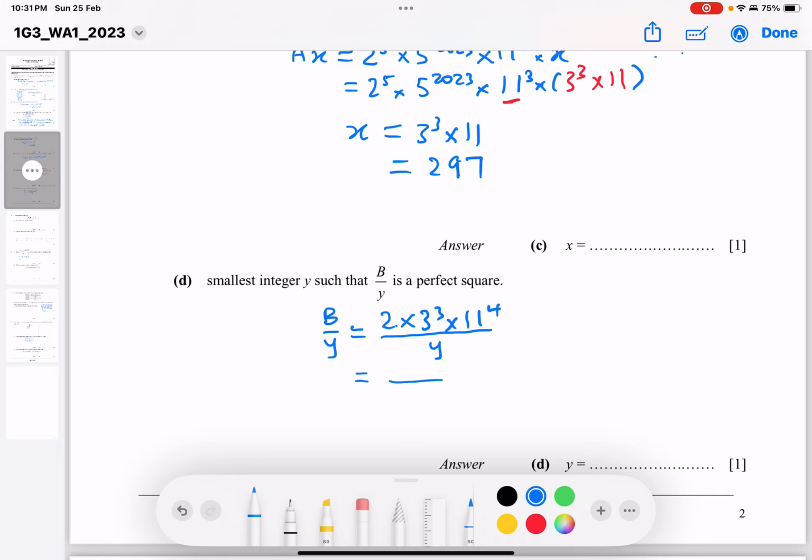So y must contain 2 to remove the 2, and y must also have 3 to remove a 3, so that the result will be 3 squared and 11 to the power 4, which is a perfect square. That means y must be 2 times 3, which is 6.